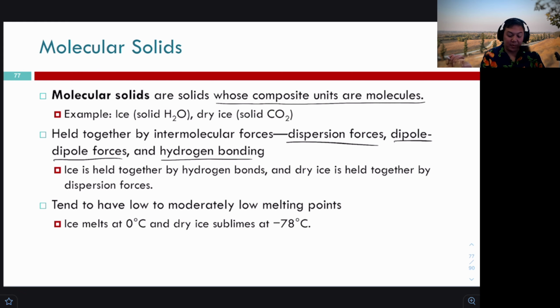Ice is held together by hydrogen bonds, which is why it melts at a higher temperature, whereas dry ice is only held together by dispersion forces. So dry ice turns directly into a gas, skips being a liquid altogether, at negative 78 degrees C, whereas ice melts at 0 degrees C. Sorry, I think I said 100. Right, so that's again another example of how these intermolecular forces determine the boiling points or melting points.